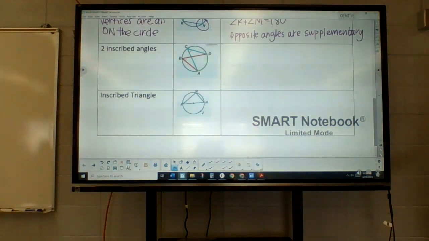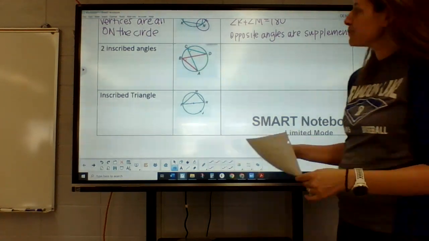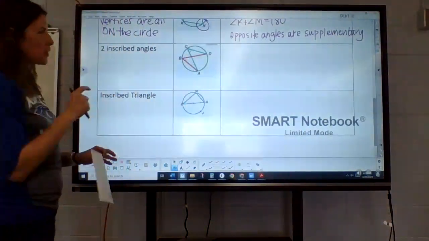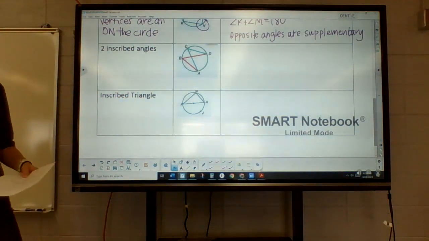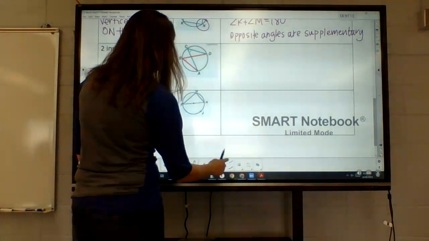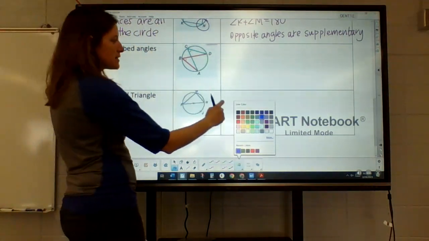Our next one is we have two inscribed angles in the same drawing. And so this is a kind of strange one. It's kind of hard to visualize because there's a lot going on here. The two angles intersect the same arc.